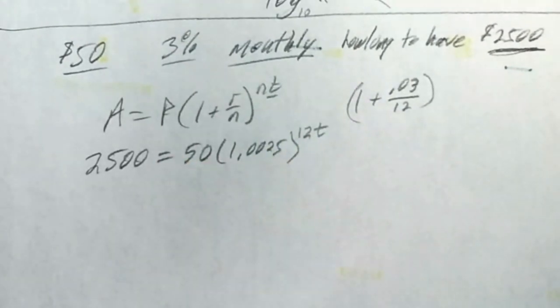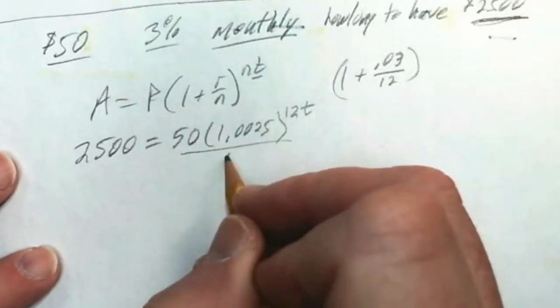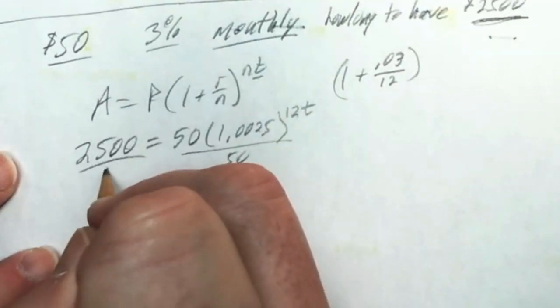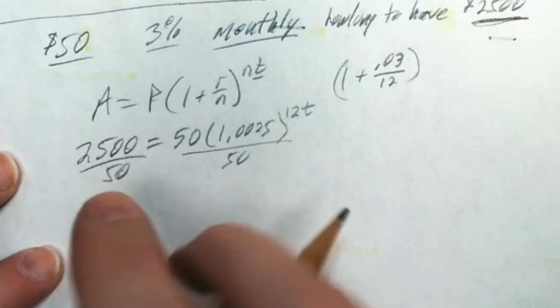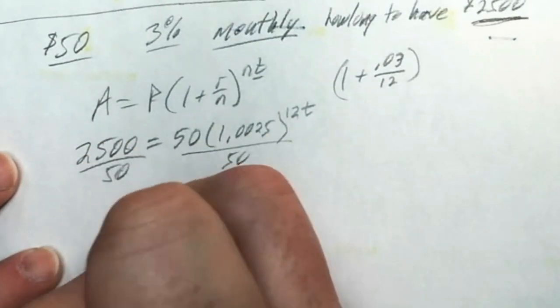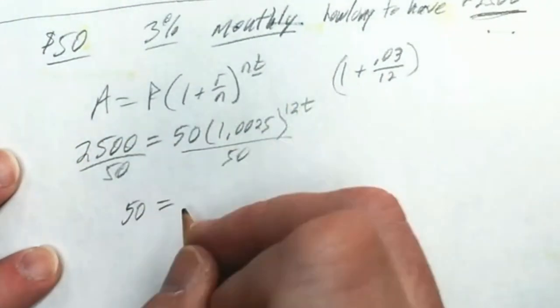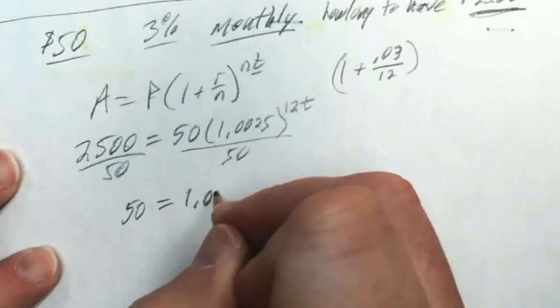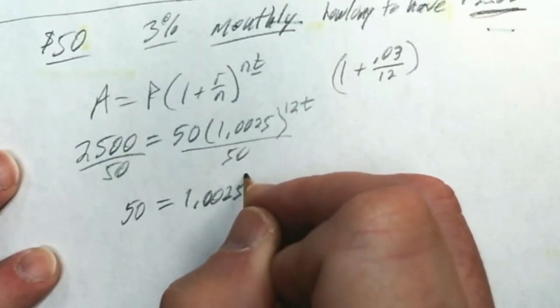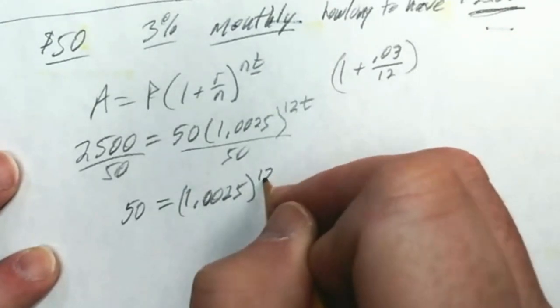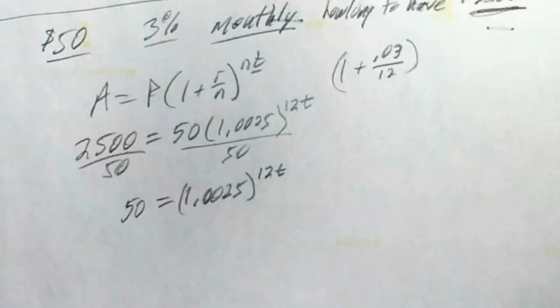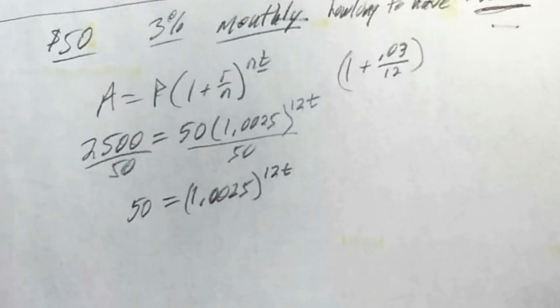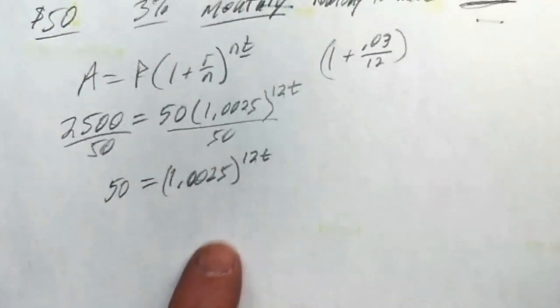I can simplify by dividing both sides by 50. 2,500 divided by 50 is 50, so 50 equals 1.0025 to the 12t, but that's about as far as I can get. I don't know where to go from there. I don't know if I'm going to have the money by my 18th birthday or not.